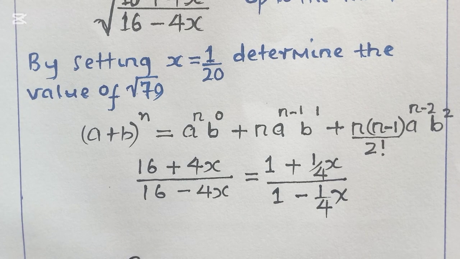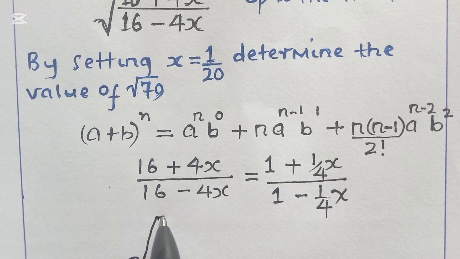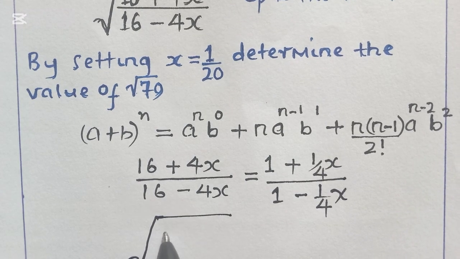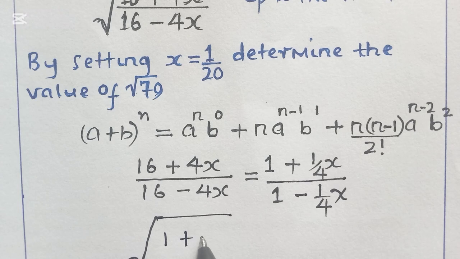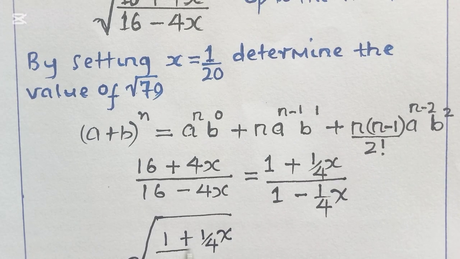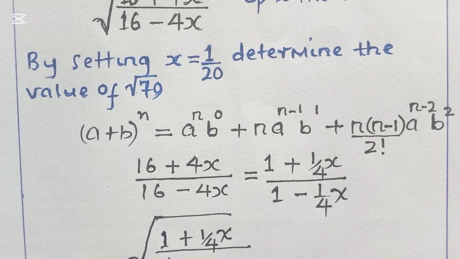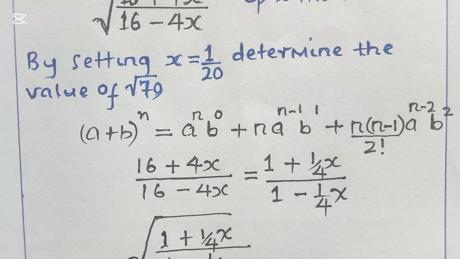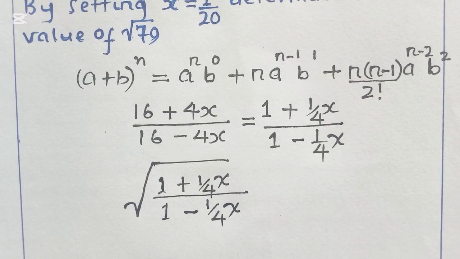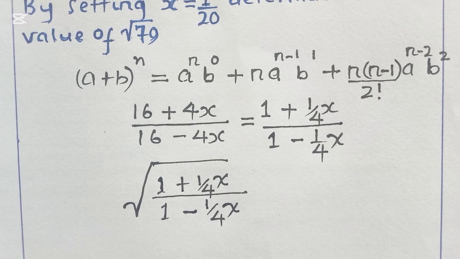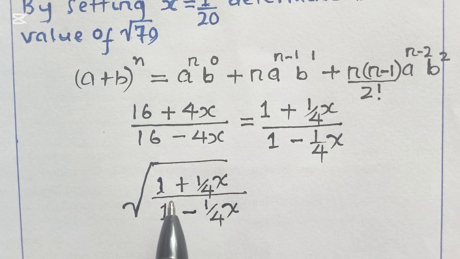So we shall have the square root of (1 plus 1 over 4 x) over (1 minus 1 over 4 x), like that. So guys, now we work with it when it is like that. The reason is that most binomial theorem equations usually have a 1.